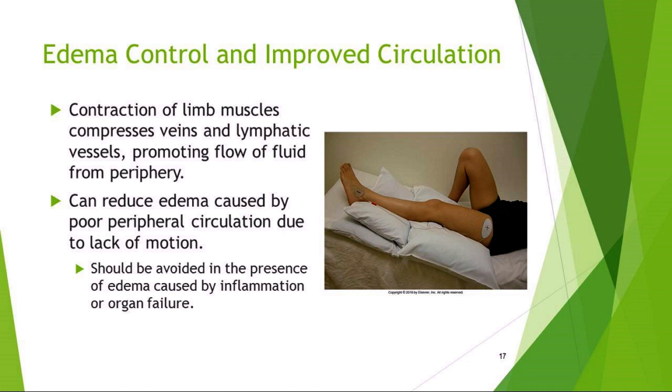It can reduce edema caused by poor peripheral circulation due to lack of motion. When you have edema that is caused by inflammation or organ failure, you really don't want to do electrical stim because there are other reasons for the edema. Also with lymphedema, this isn't going to help. But if you have edema that's caused by lack of motion, here's where you want to use this.